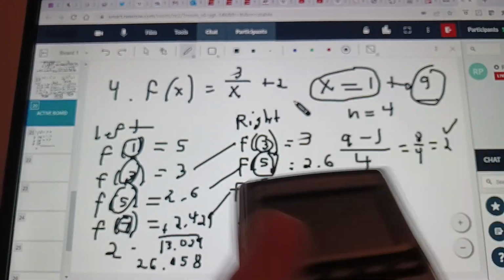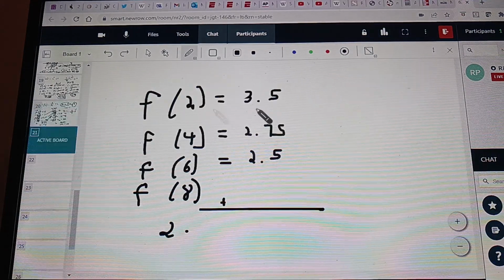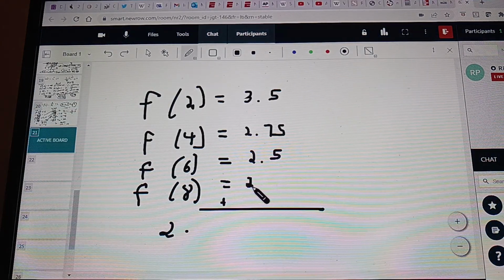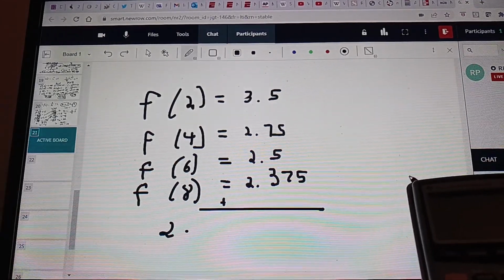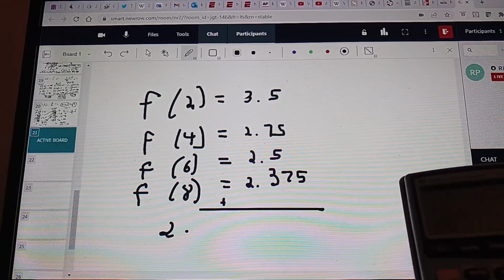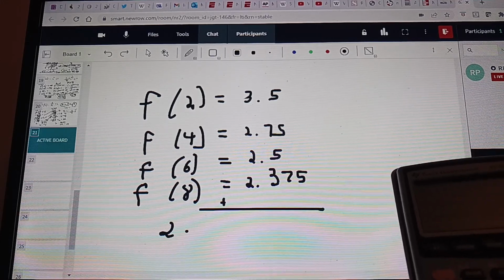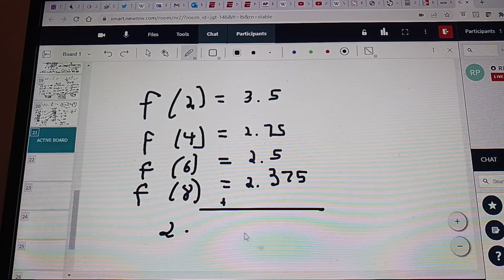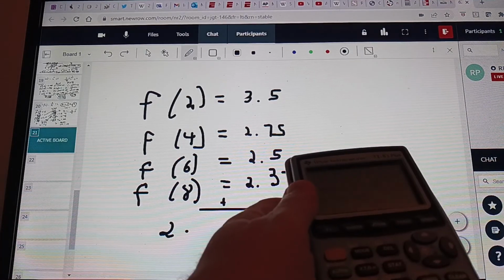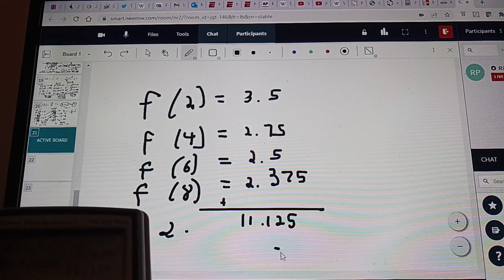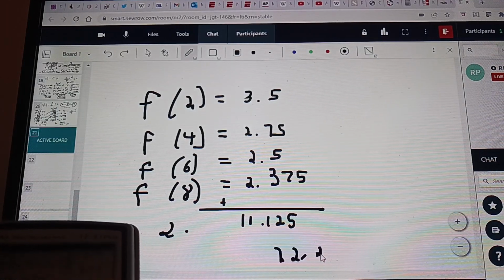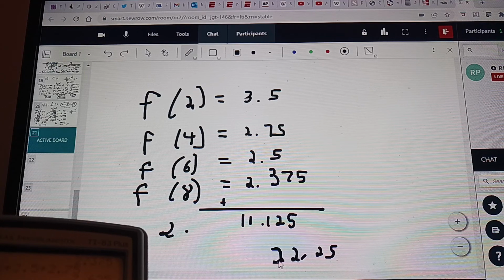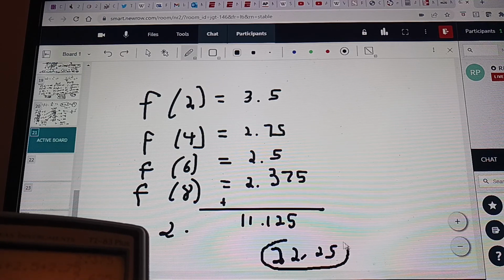Plus 2 is 2.375. So they all came out exactly. There were no long decimals, but I'll keep it to 3 places for now. Add these 4 answers together. 11.125 times 2 for the width is 22.25. So the midpoint estimation is 22.25.